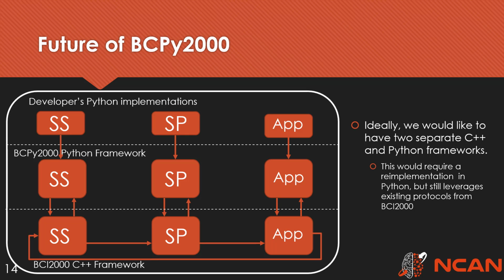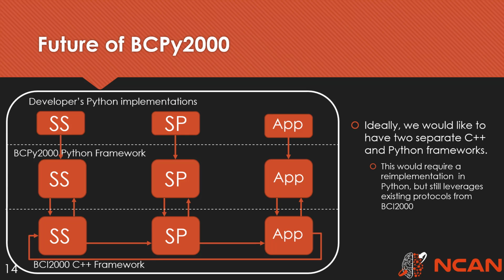So this is really a long-term project. Realistically, it would take a long time to re-implement many of the facets of the BCPy2000 framework in Python, but it wouldn't necessarily mean entirely re-implementing everything from scratch, because we would still have the existing BCPy2000 protocols which set the rules of how data is transmitted between modules and devices, but we would have to replicate much of the GUI and framework and operator that BCPy2000 already offers us.